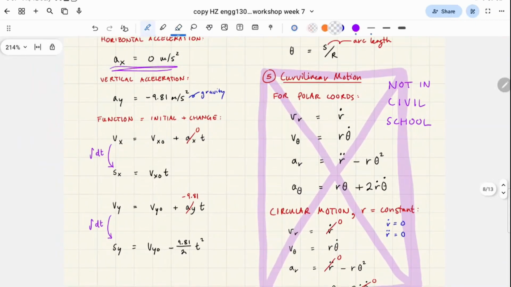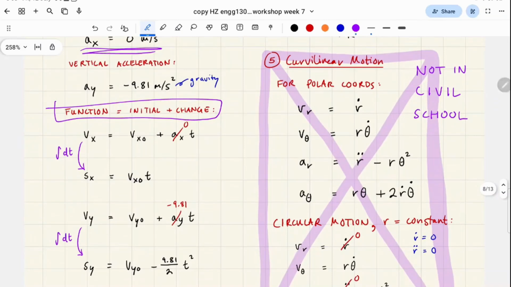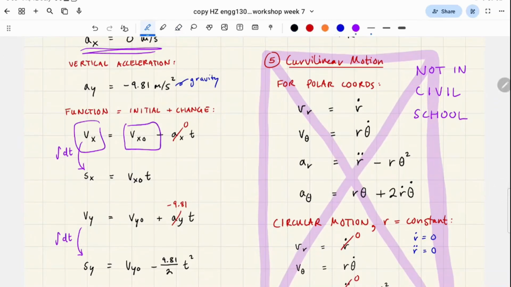Okay, here's something which I like to keep as a rule of thumb. The function is your initial plus your change component, right? Basically, your function for velocity is going to be your initial velocity plus the change in velocity, right?